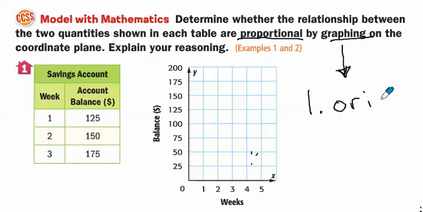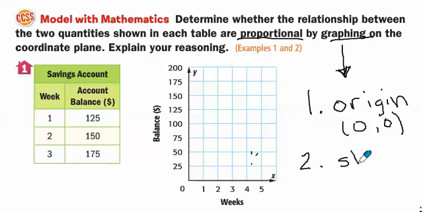The line we make from our ordered pairs should start at 0, 0. The second thing we're looking for is that it should always make a straight line. So these are the two things as we work through these problems that we're looking for: straight line and through the origin starting at 0, 0.